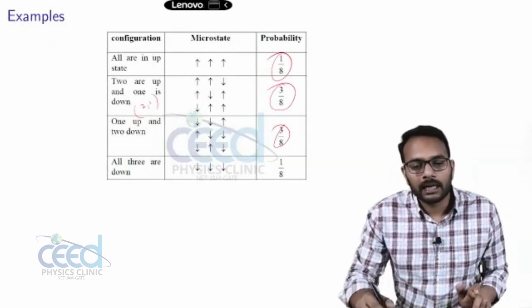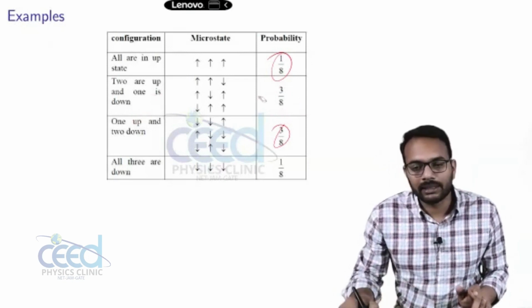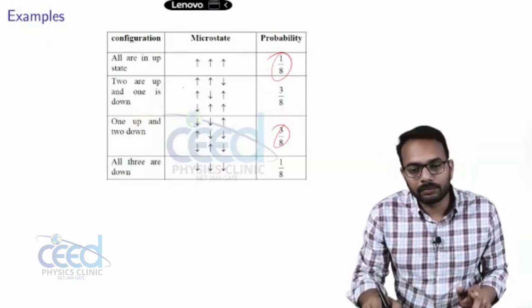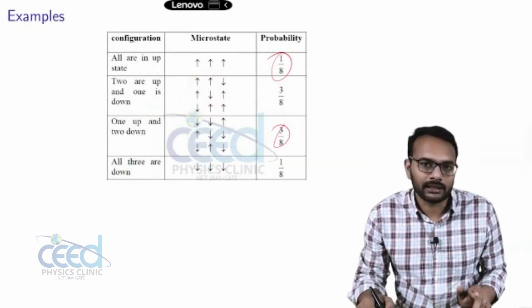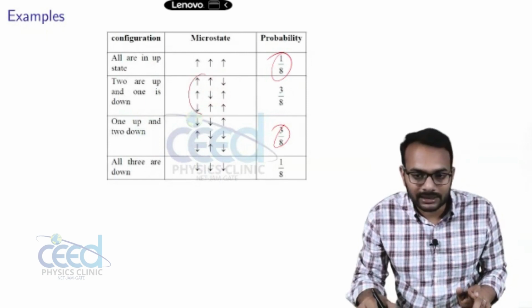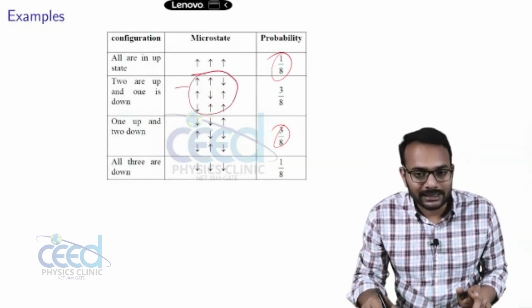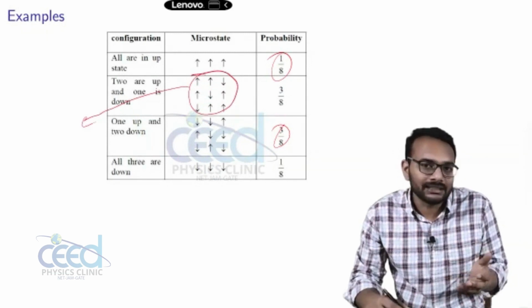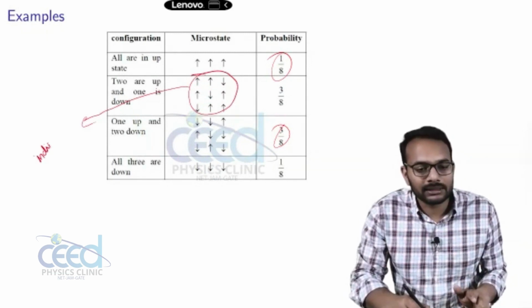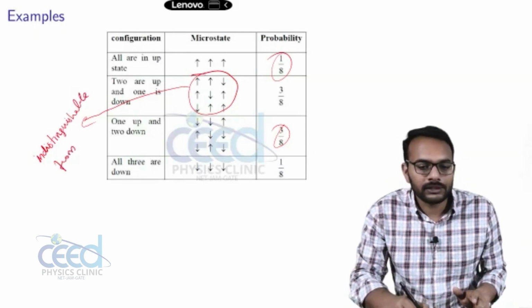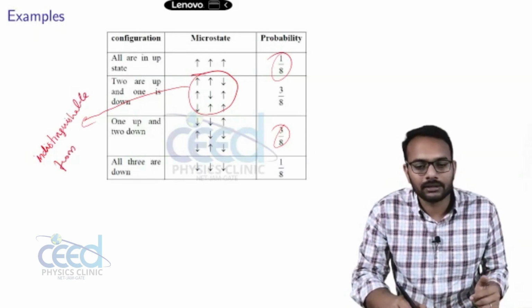This particular microstate is a typical microstate, and the probability is 1 by 8. But we are taking all these three microstates and considering them as one, as indistinguishable from a microscopic perspective, or we choose to ignore the other details.